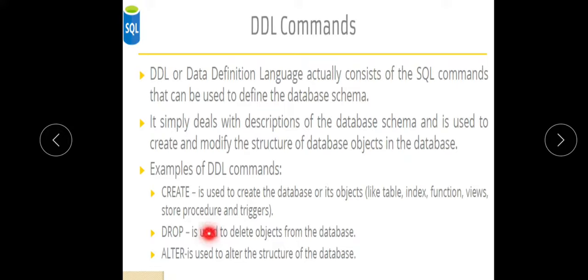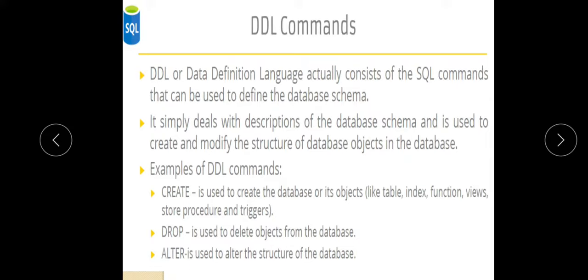Then drop. Once the table is created, if we don't want the table anymore, we can eliminate or delete the table. In order to delete the table, we use the command drop. It is used to delete objects from the database, so all the objects related to that table will be removed.